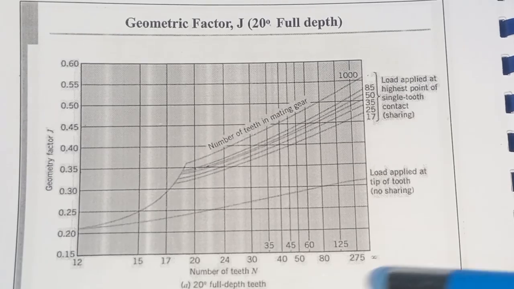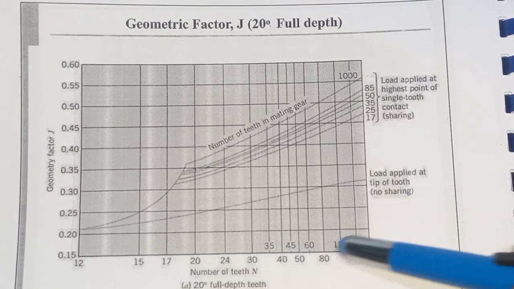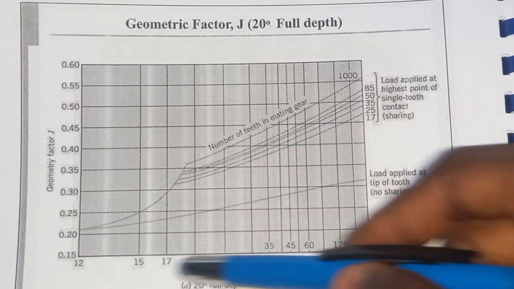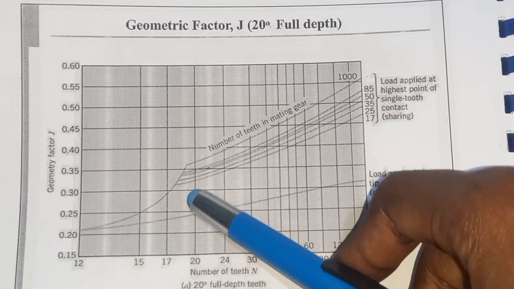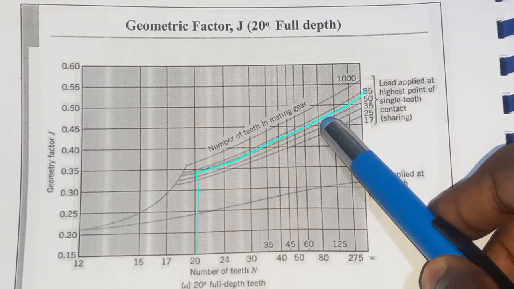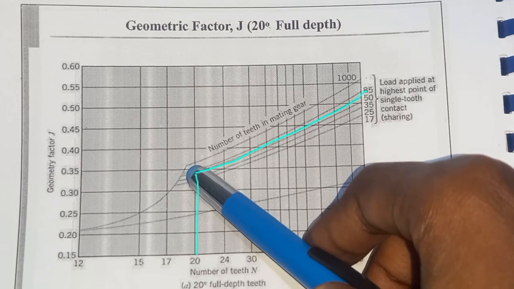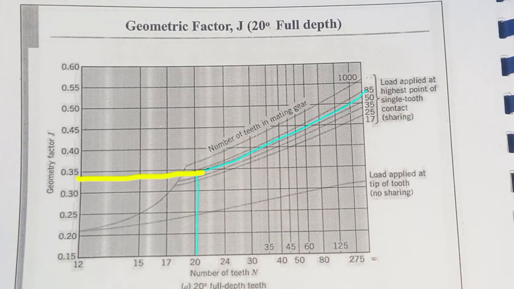So now, with the table, with 20 being the number of teeth for the driver, the driven was 50. So once we map this down to 20, we can read 0.34. Are you getting it? It's close to the 0.35. So let's continue with it.